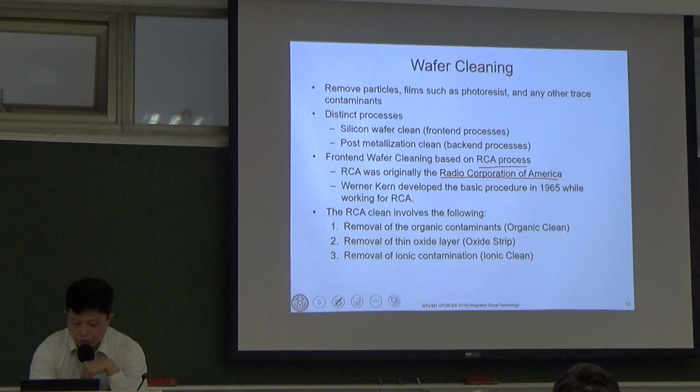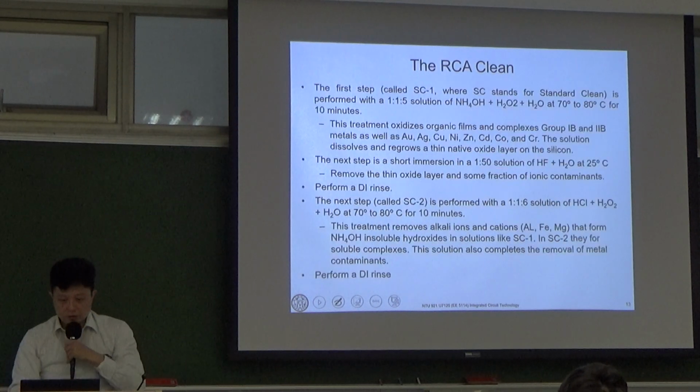and they involve 3 ways. The first one is to remove organic. And then the second one is to remove the oxide, and the third part is to remove some ions. So organic, oxide, and ions.